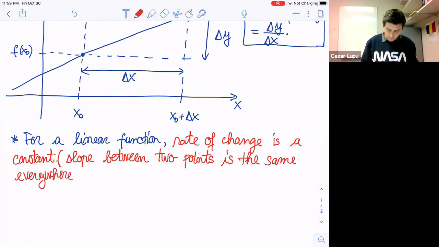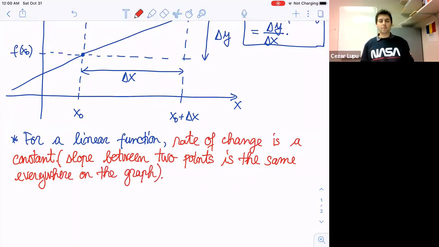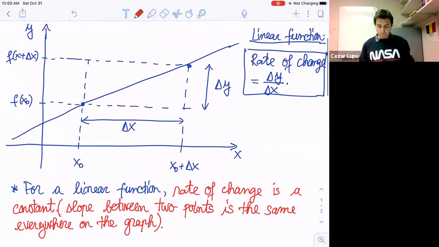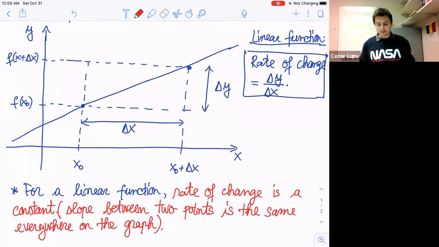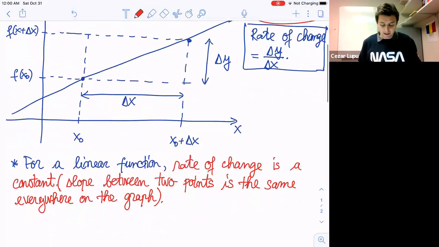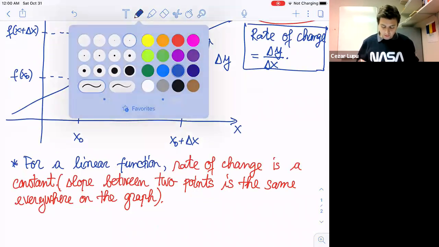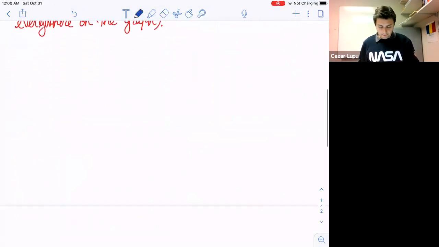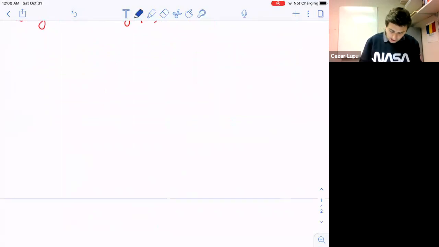Okay, so we have to keep this in mind. Now this is what happens when we deal with a linear function, but we would like to see what happens when we deal with a non-linear function. So let me draw the same graph, and you will see what happens here.